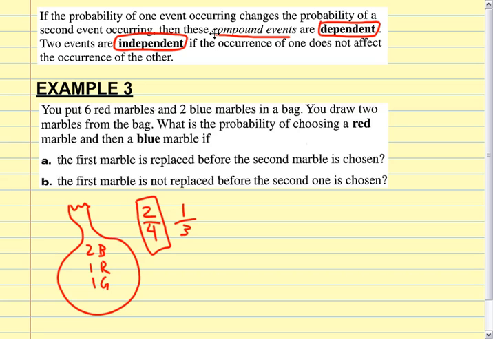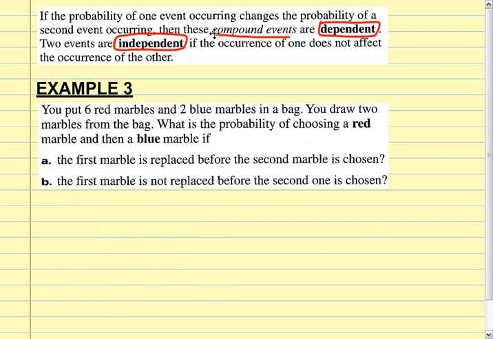Now let's look at this example that they gave us. All right, this will help us understand a little bit more. You put 6 red marbles and 2 blue marbles in a bag. All right, here's the bag. It's a paper bag.